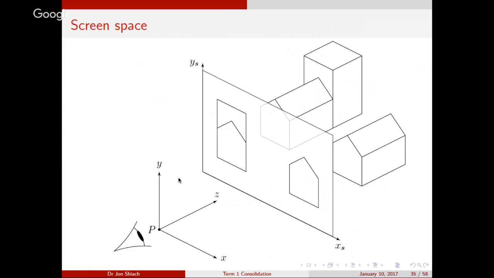Imagine I've put a plane between these buildings and the camera position, and that plane is parallel to the X and Y axes. I'm going to project these buildings onto this 2D plane. You'll notice I've given the axis labels XS and YS for screen, denoting screen space. So that's our next step.